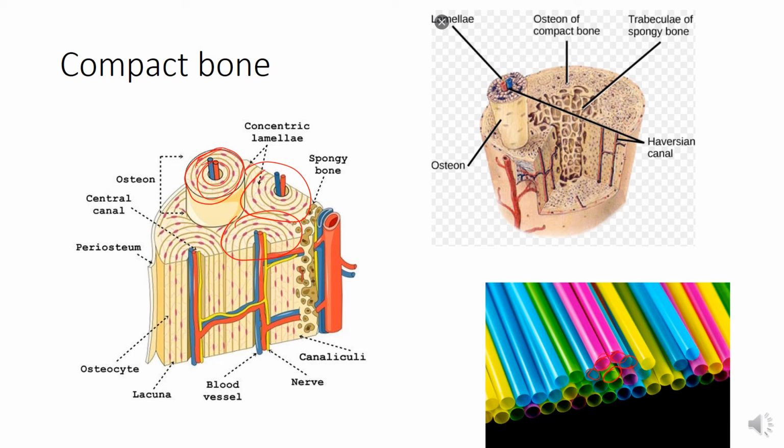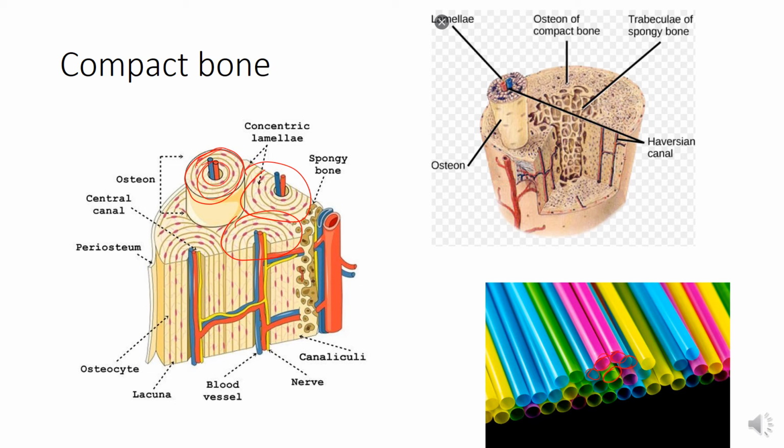So, you can see the osteon. It consists of circular units, and in the center there is the central canal or the Haversian canal, and in this canal lie the blood vessels, the nerves and the lymphatics.